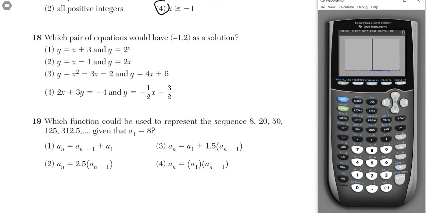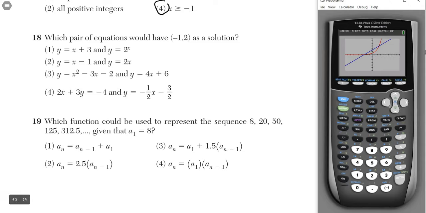I'm going to have to fix the graph here a little bit. So let's try to zoom standard. So I see 2 points of intersection. Are either of them going to be -1, 2?